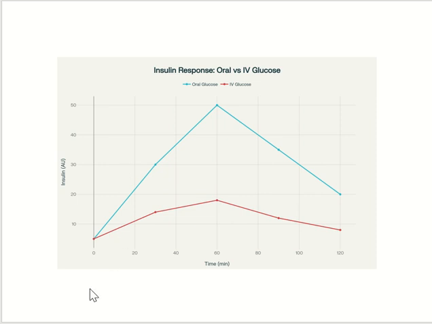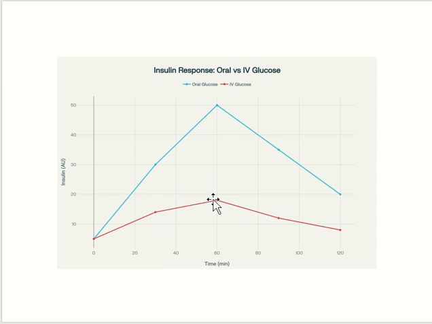See here in this graph, the red line indicates the level of insulin when IV glucose was given. The blue line indicates the amount of insulin secretion after oral intake of glucose. So what you can see here is the blue graph is higher, right? The amount of insulin released at the end of 1 hour after oral glucose intake is very high compared to IV glucose.